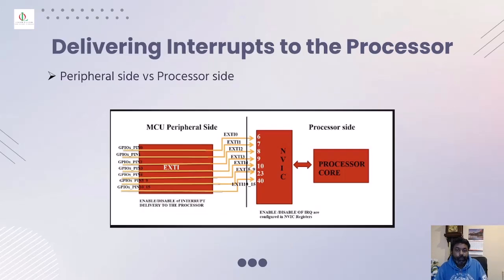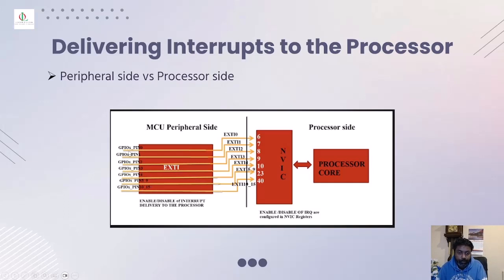And this is how you deliver interrupts to the processor from the peripheral side versus the processor side. As I said earlier, on the processor side, the ARM Cortex M4 core directly interfaces to the NVIC. From the peripheral side, if anything comes from the external interrupts, it will use the EXTI.